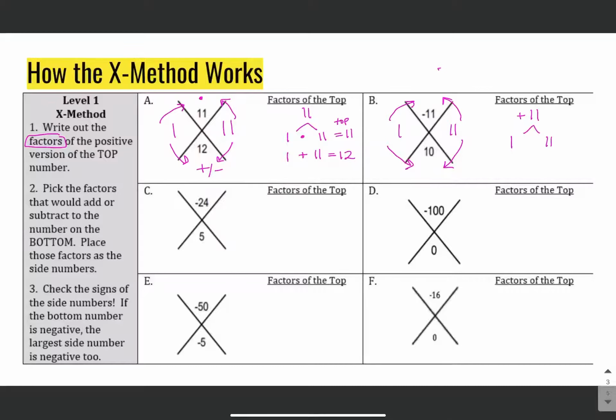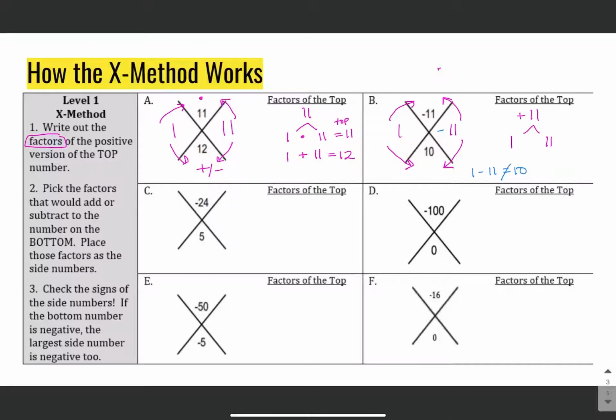So this is where you might have to play around with your signs. There are some little tricks that you can learn, but to be honest, sometimes it's easier just to guess and check. So let's think about this. If I made 11 a negative, would 1 minus 11 equal 10?